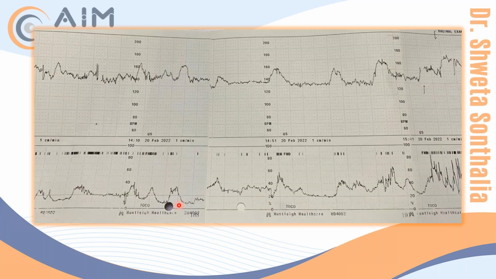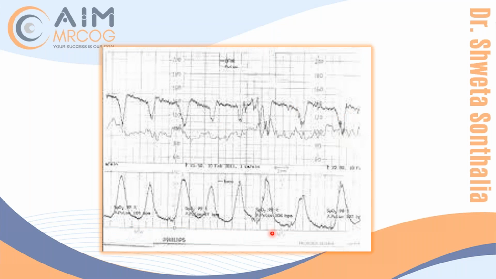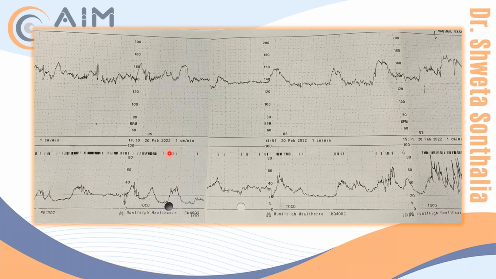Here the contractions are not very defined, but it doesn't matter because I'm not having a deceleration. So when they want you to count, they will give you a clear CTG. You get my point? If you do have a CTG where the contractions are not very defined like this one, then they don't want you to count.